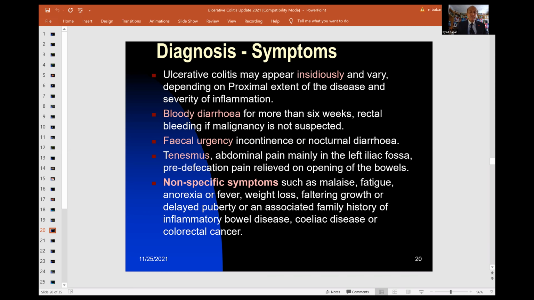Tenesmus literally means that there would be desire to open the bowels when the bowel is empty. There are non-specific symptoms similar to chronic fatigue syndrome, weight loss, faltering growth, and non-specific symptoms.